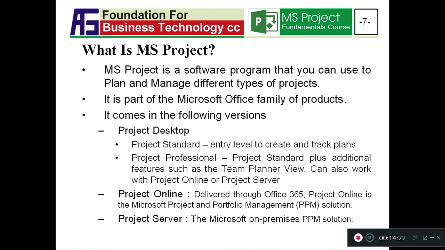Lastly, Project Server is the Microsoft on-premises PPM solution. So in other words, if you want to implement project and portfolio management and you don't want to do it online, you need to get Project Server. But if you can do it online, then you use Project Online, which comes with Office 365.